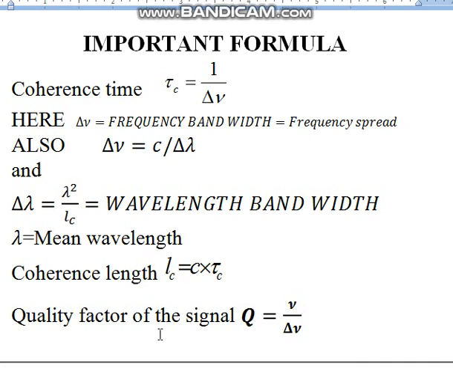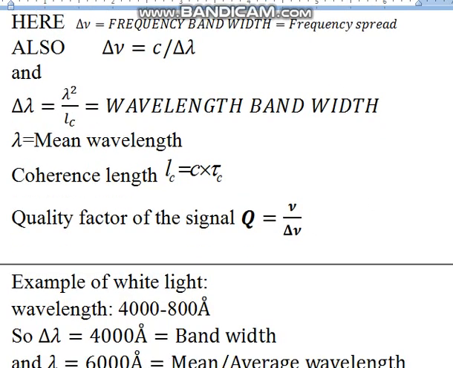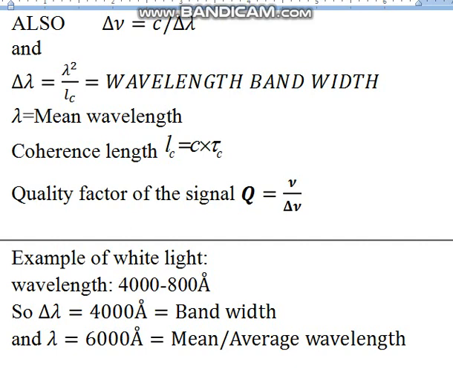There is another important parameter related to the optical source, known as the quality factor. Quality factor is given by nu upon delta nu, where nu is the mean frequency and delta nu is the frequency bandwidth. In order to explain the different terms, we take an example of white light.